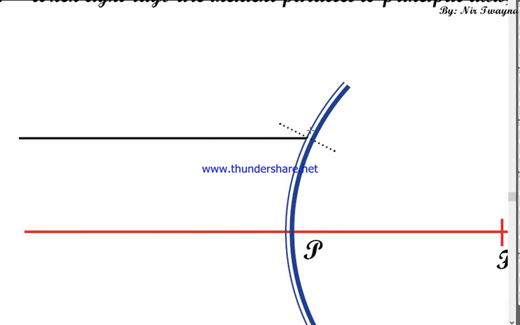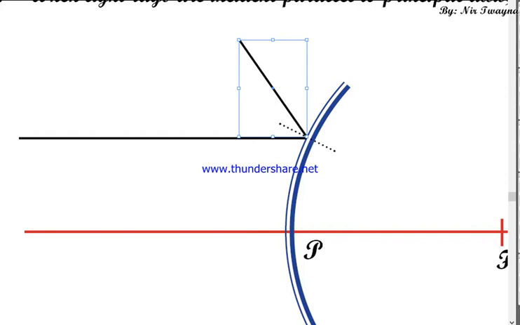But in case of convex mirror, it has to reflect up, by making the same angle of reflection as the angle of incidence.